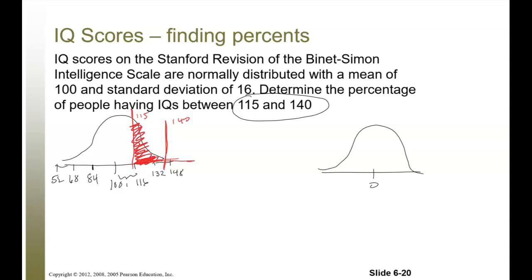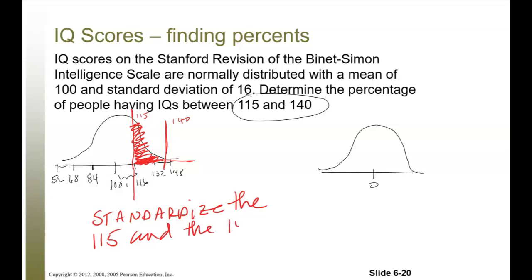Well, I can't look up 115 or 140 on my normal curve. What I need to do is standardize each of those variables. So I need to standardize the 115 and the 140.